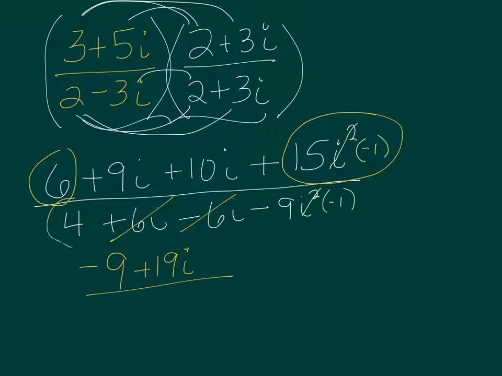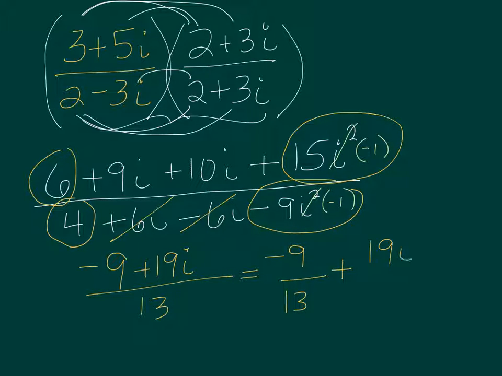We get 4 plus 9, which is 13. So you might write this as minus 9/13 plus 19i over 13. Either of these two expressions are just fine.